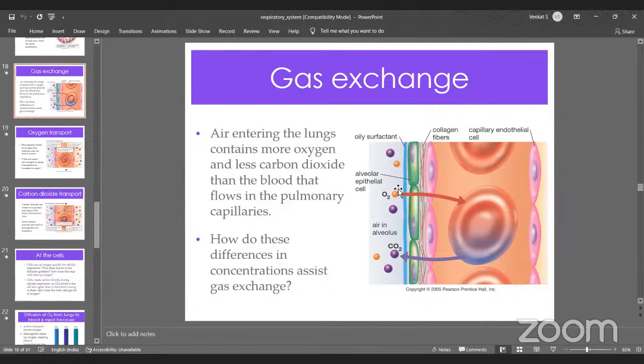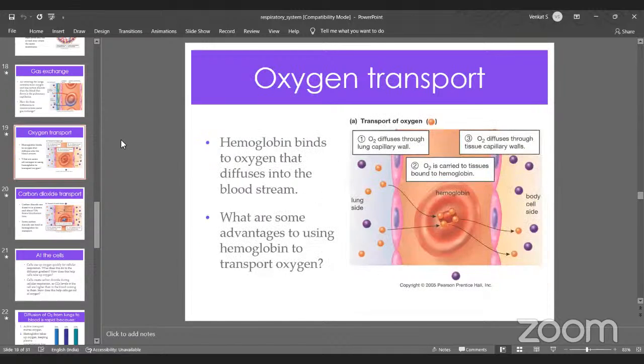The alveolar epithelial cell is the internal layer, and the air alveolus receives the oxygen and releases the carbon dioxide. How do these differences in concentration affect gas exchange?